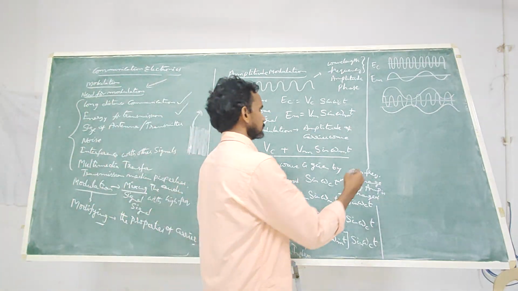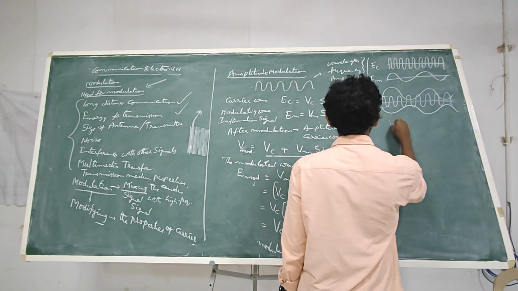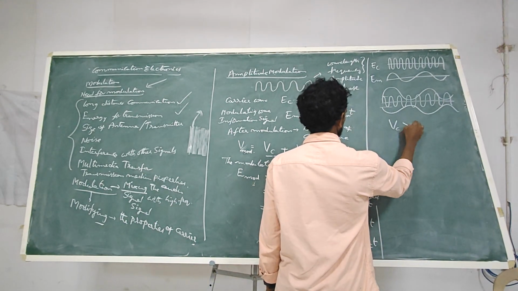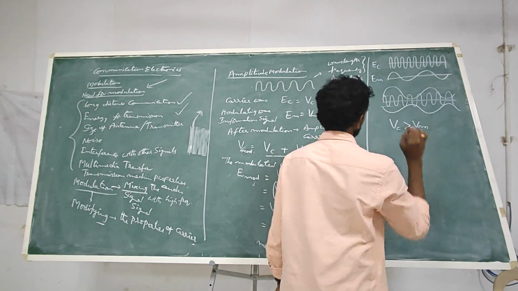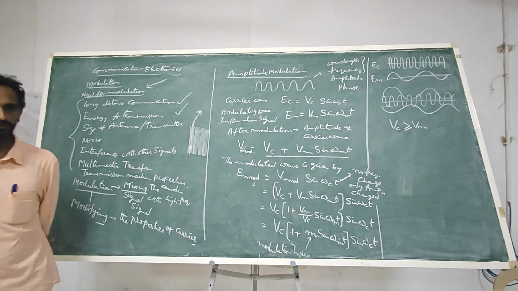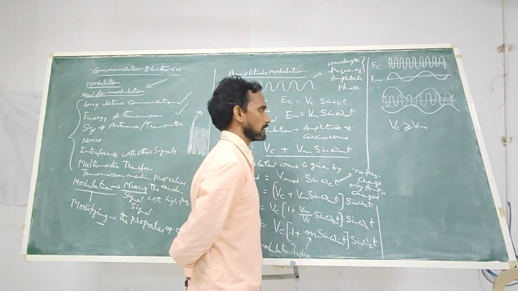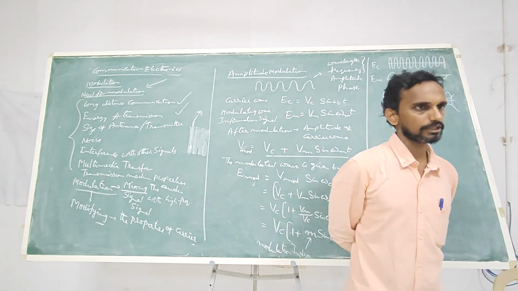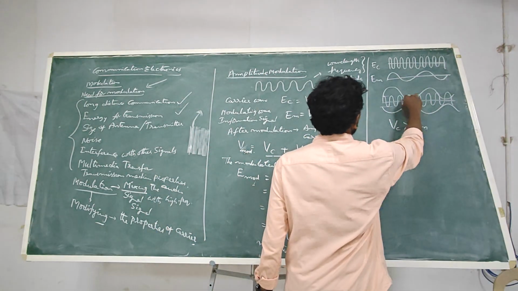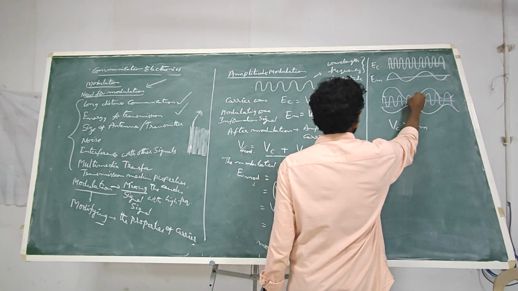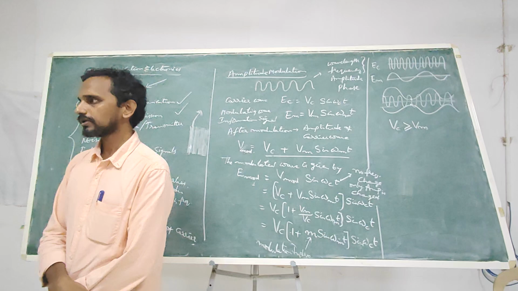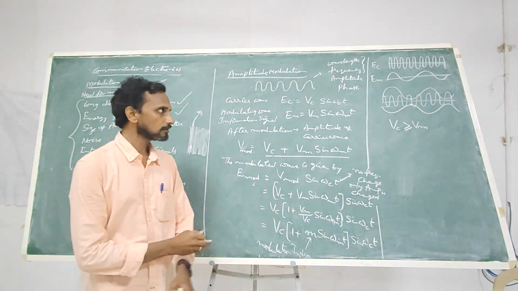So here the only assumption is the amplitude of the carrier wave is larger than or at most equal to the amplitude of the modulating wave. So you won't see any overlapping. If they both are equal, the negative peaks may join together. If they are not equal, I mean if the modulating wave has lesser amplitude, there will be a small gap.